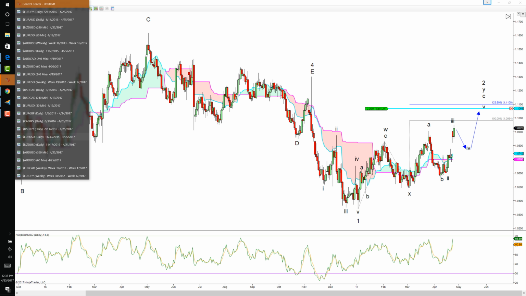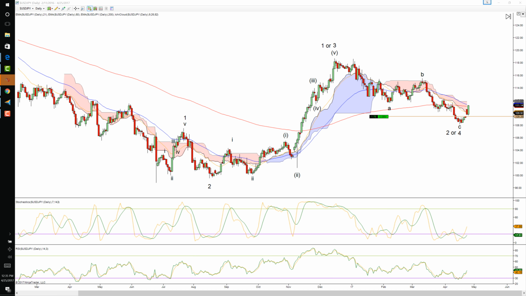I always get caught up in this. Okay, here it is. So when the euro goes up, the dollar yen goes up as well, basically. So if the euro is strong, then the dollar is strong against the yen.